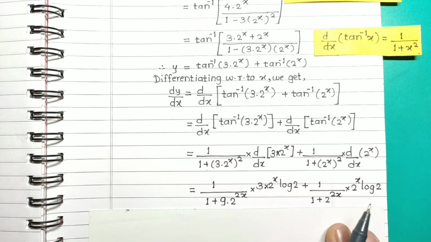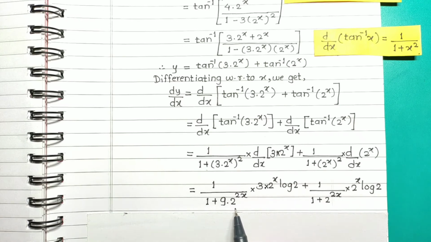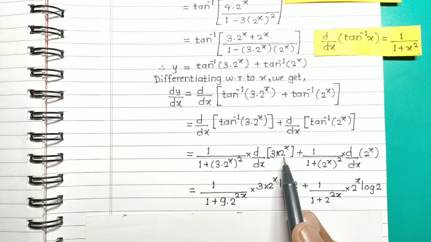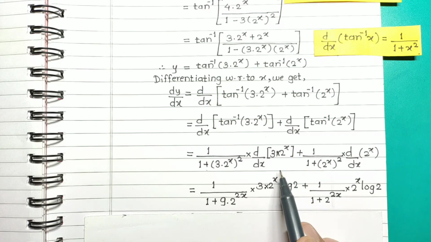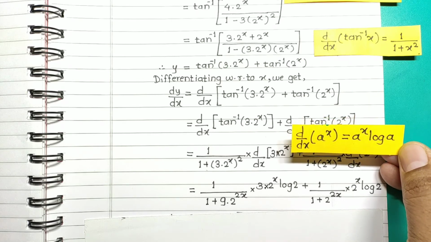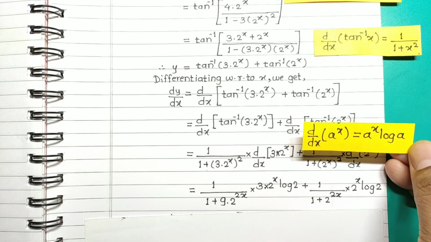Okay, now to the next step, let's evaluate these two derivatives. So we have 1 upon 1 plus 9 into 2 raised to 2x into the derivative of 3 into 2 raised to x. See, 3 is constant, and the derivative of 2 raised to x can be written using this standard formula. We have the derivative of a raised to x as a raised to x into log a.